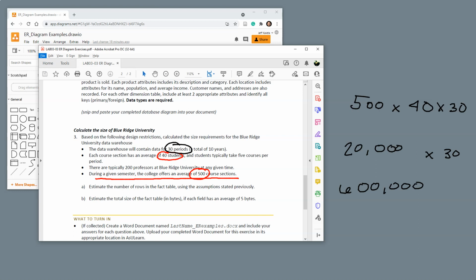That tells me how many records are going to be held inside that fact table. I need to double check that this is correct against my answer sheet right next to me. So 600,000 is the number of records, which is the number of rows in that fact table, recorded over 10 years.